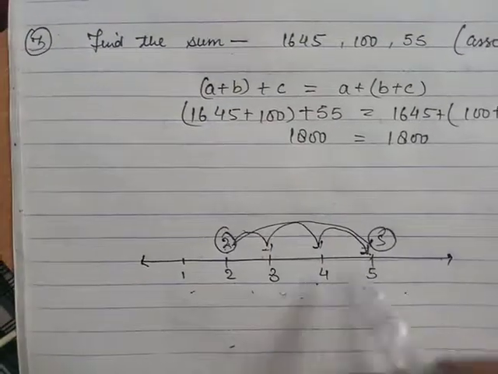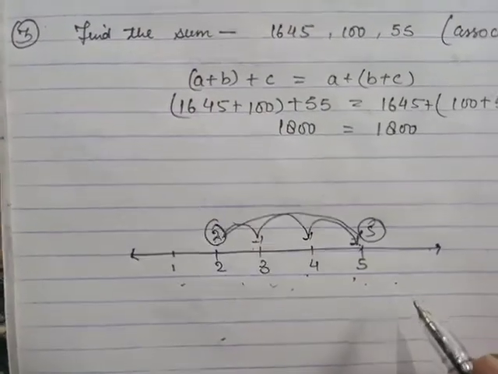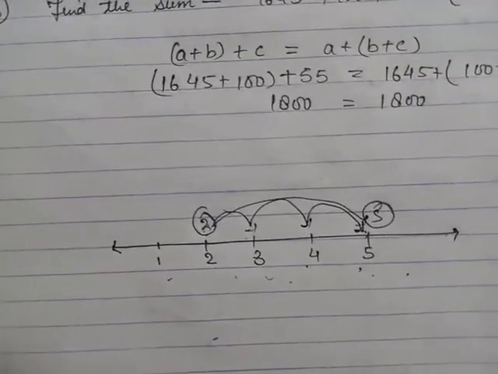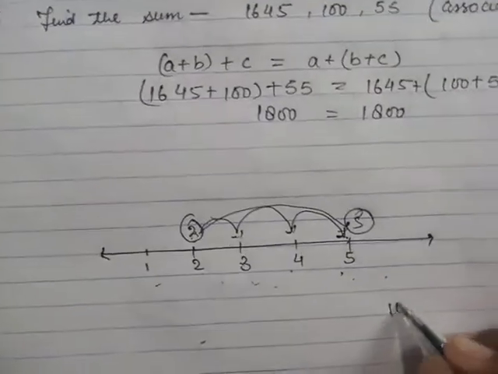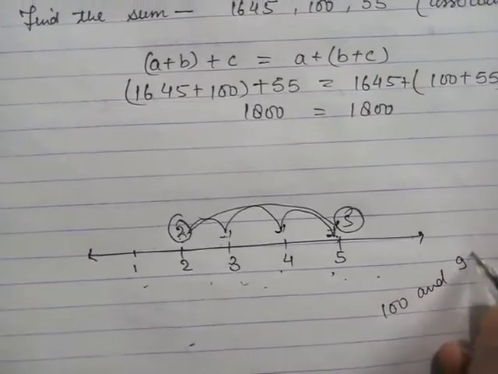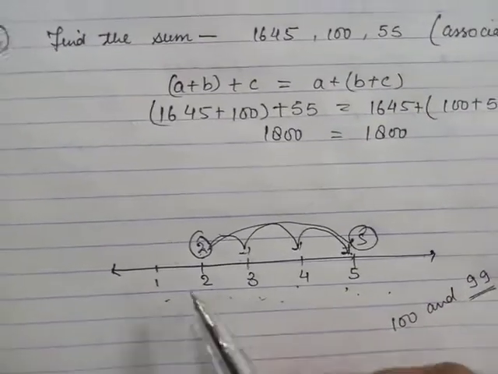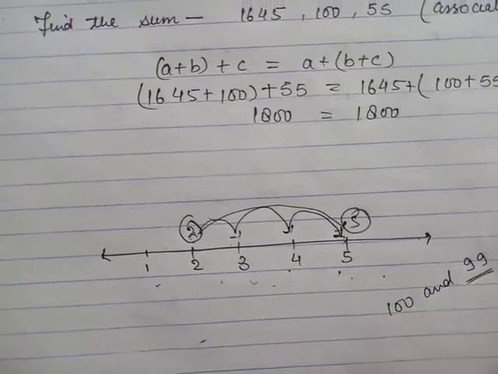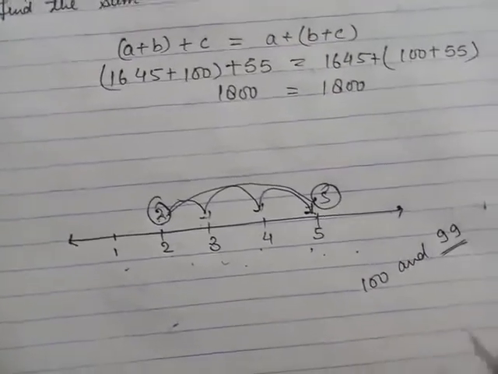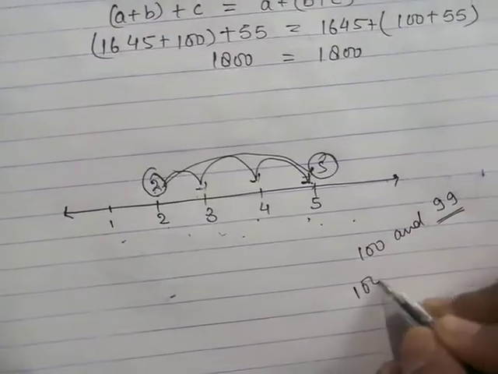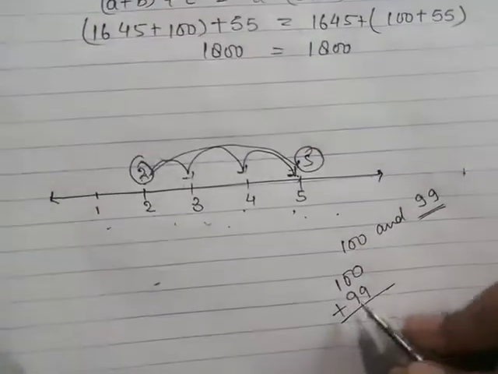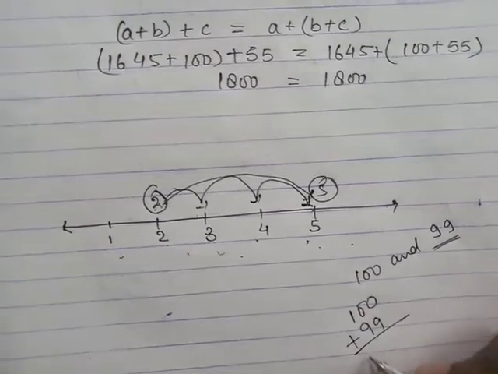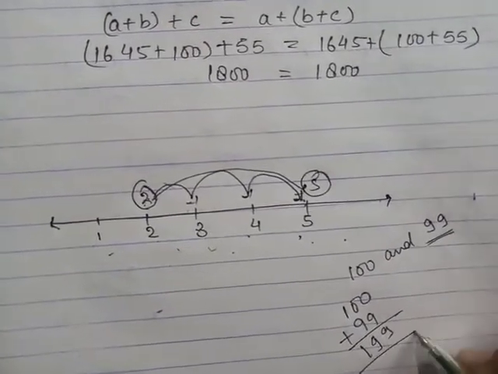If we have to add a greater number, such as 100 and 99, you can imagine that marking a number line would be a much more tedious task. So we will simply add them, and that will be 199.